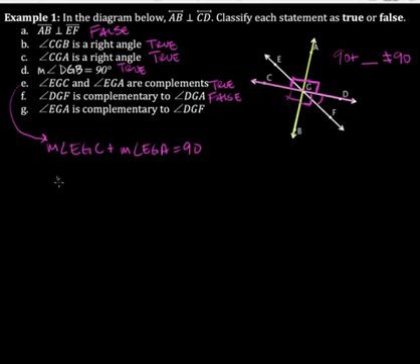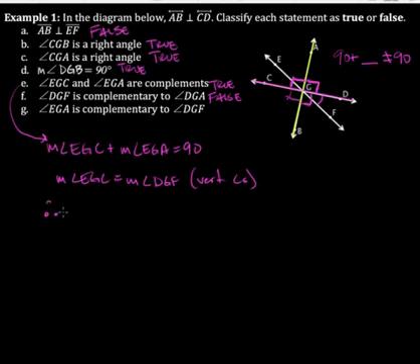I also know that the measure of angle EGC is the same as the measure of angle DGF because they are vertical angles. So they're going to be congruent to each other. They're going to have the same measure. So look at what I can do. I can take this EGC out and put the DGF in its place because EGC and DGF have the same measure.